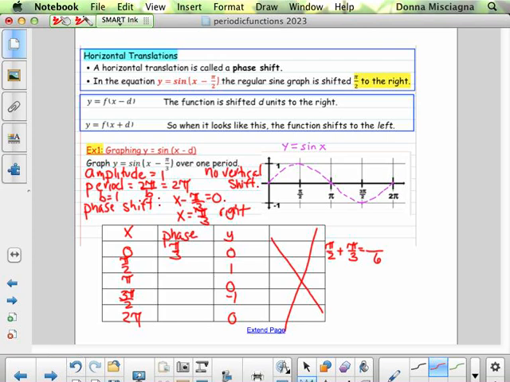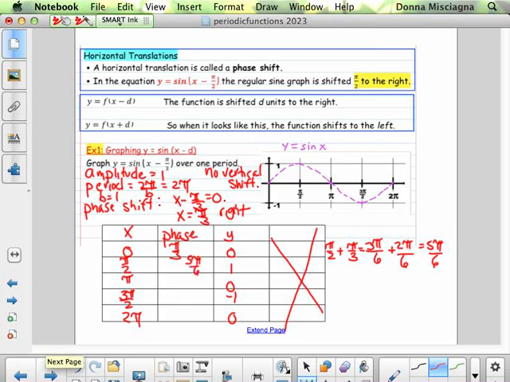So we're going to change the pi halves to sixths. 2 times 3 is 6, so we have to multiply the numerator by 3 as well. And then the pi thirds: 3 times 2 is 6, so 2 times pi is 2 pi. So this is 5 pi sixths.